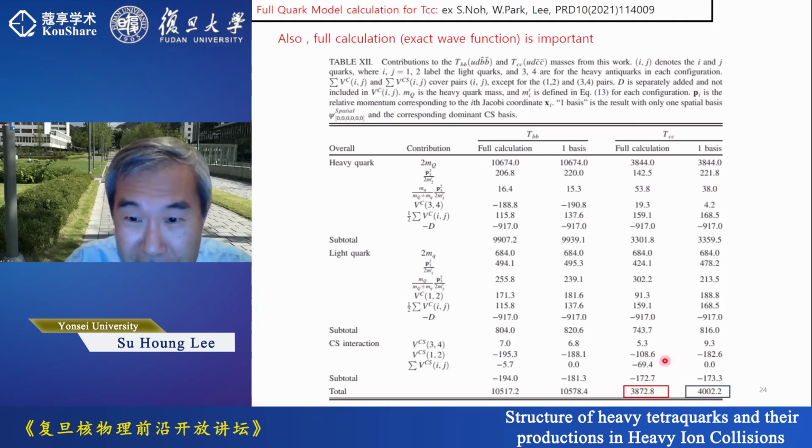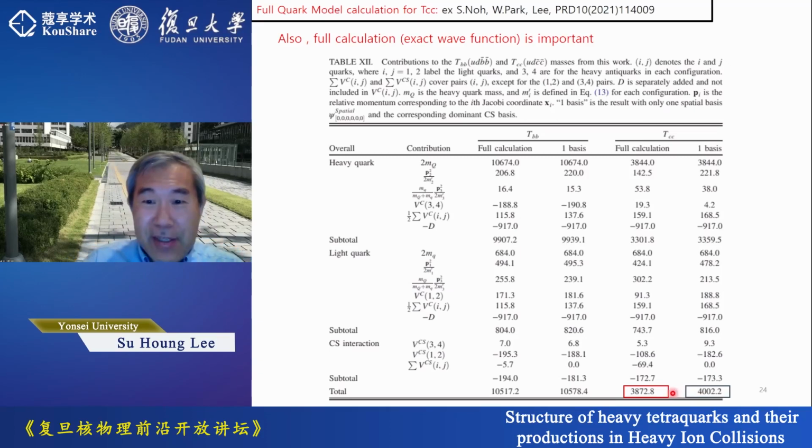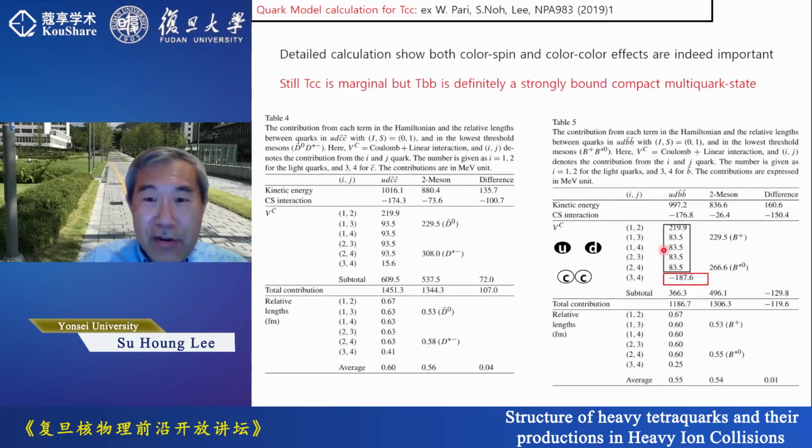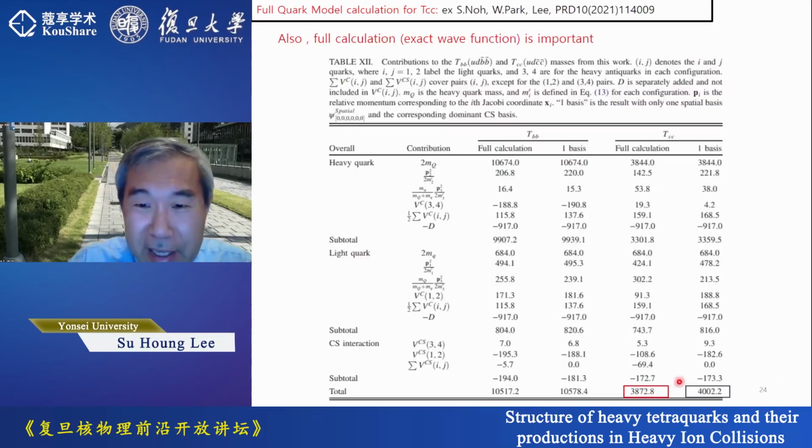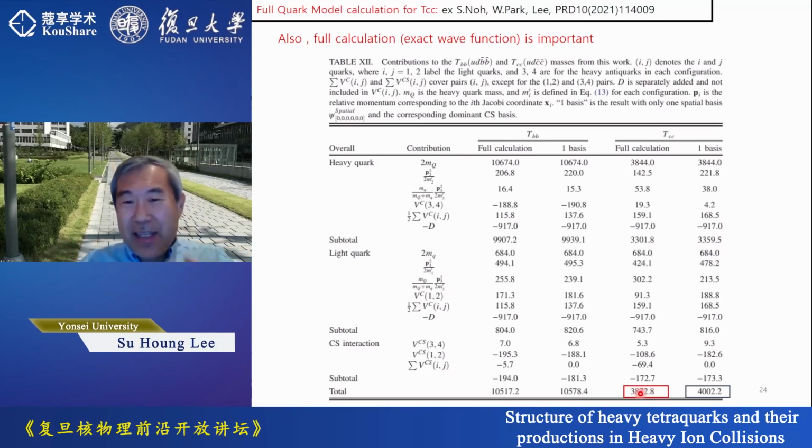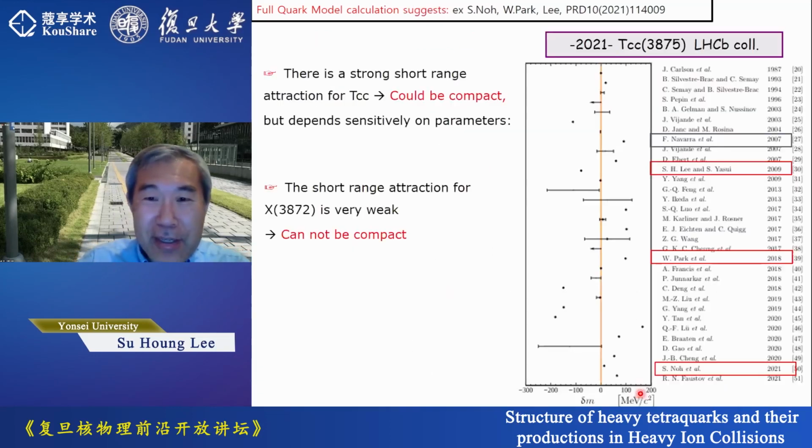So therefore, you will see that it is really important that you do a full model calculation. If you do a full model calculation and take into account all color-color interactions, then TBB is attractive. You have a bound state compact configuration. And TCC is still controversial. So it's not so clear whether it is really bound or not.